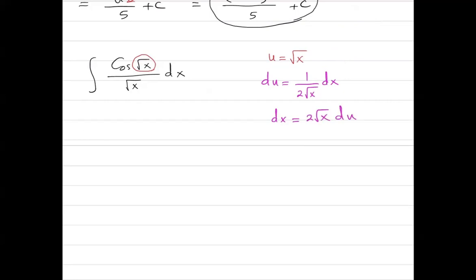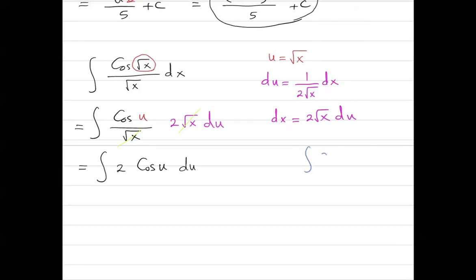So our integral becomes the integral of cosine of u divided by square root of x, and wherever we see dx, we're going to write down 2 square root of x du. It helps us to eliminate square root of x. So your integral became a simple integral of 2 cosine of u du that you already know how to calculate. This is a familiar integral.